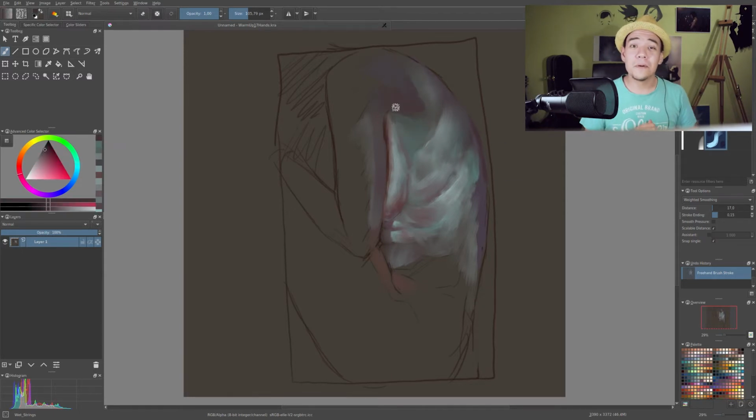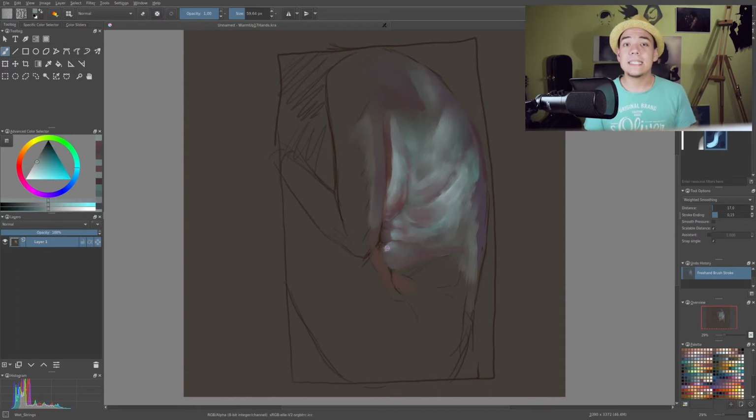For example, the colors that are really common on skin are greens, grays, blues, reds, purples, browns, all these different weird colors you can find on skin, which can be kind of confusing when you have to actually pick up the colors for the skin.